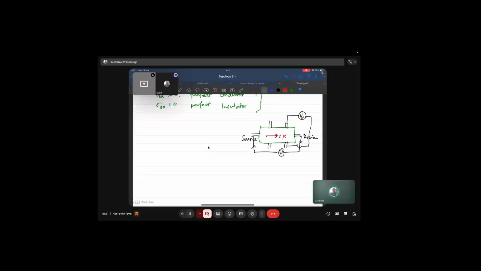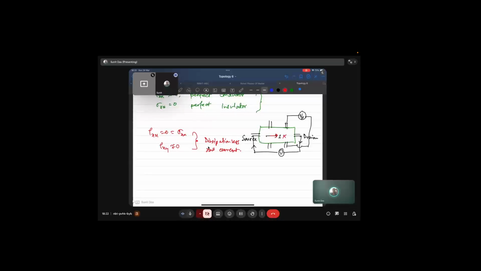Okay, so what this necessarily implies is that when you have rho xx equal to 0, and this is equal to sigma xx, but rho xy is not equal to 0, you have a dissipationless Hall current, right?